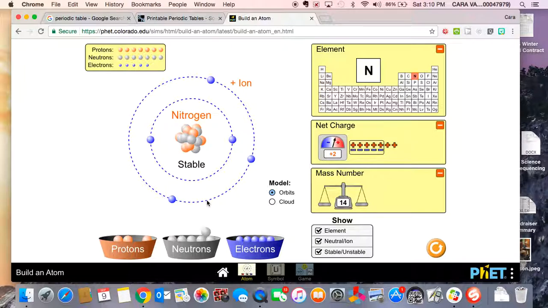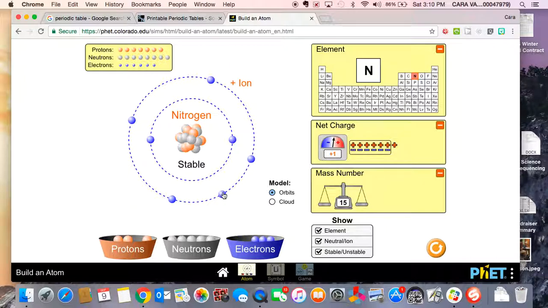Neutrons, we said, also weigh 1 atomic mass unit. Therefore, every time I add a neutron, the mass number is going to go up by 1. And so again, that mass number is a combination of the protons and neutrons in the nucleus of the atom.